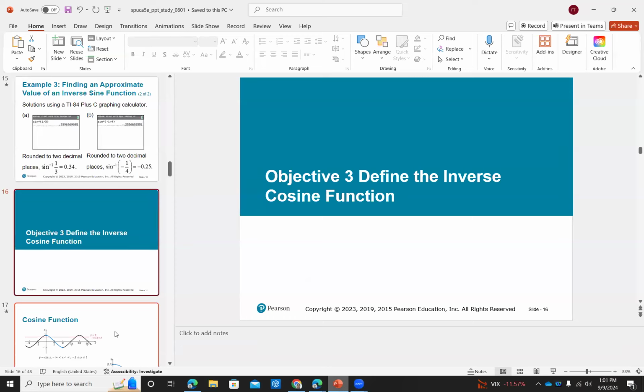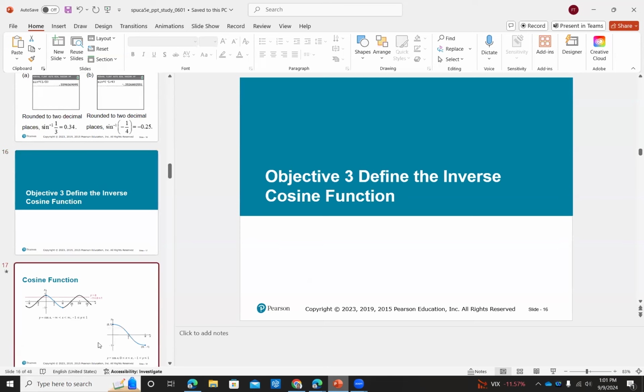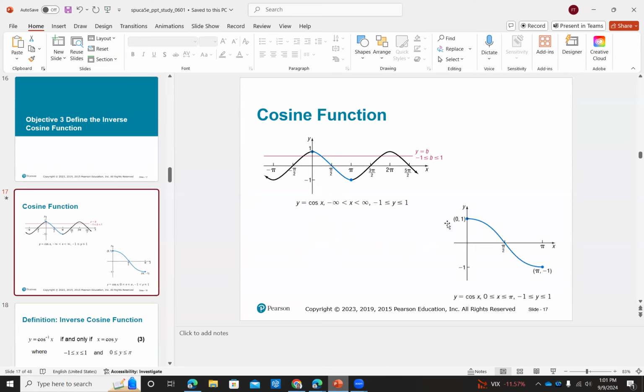If you understood the inverse sine, they have a very same approach with inverse cosine, but of course their main graph is different, so their domain and range is going to be different. So when we look at the cosine function here, this is what a typical cosine graph looks like.